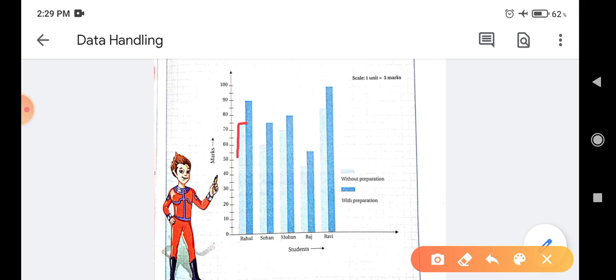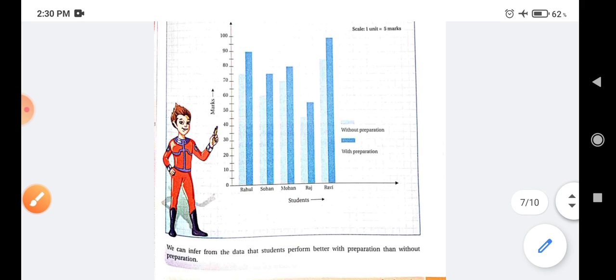This is without preparation and this is with preparation. The dark blue bar represents with preparation and the light blue bar represents without preparation. Then similarly we can draw double bar graphs of Sohan, Mohan, Raj and Ravi. This is a double bar graph.